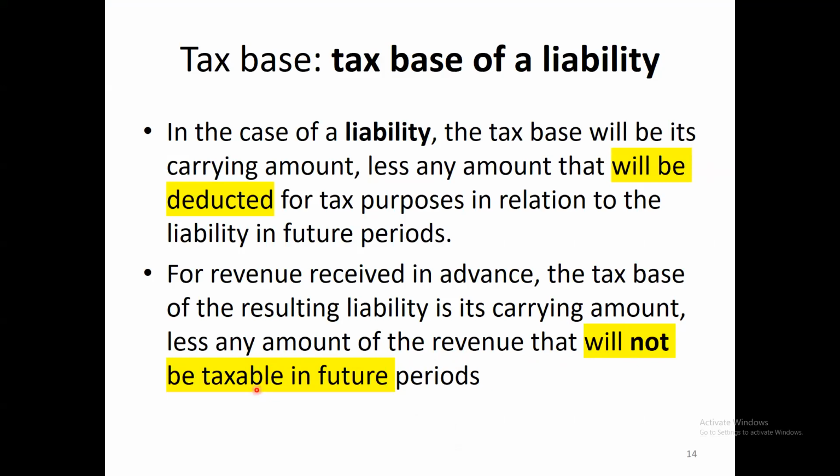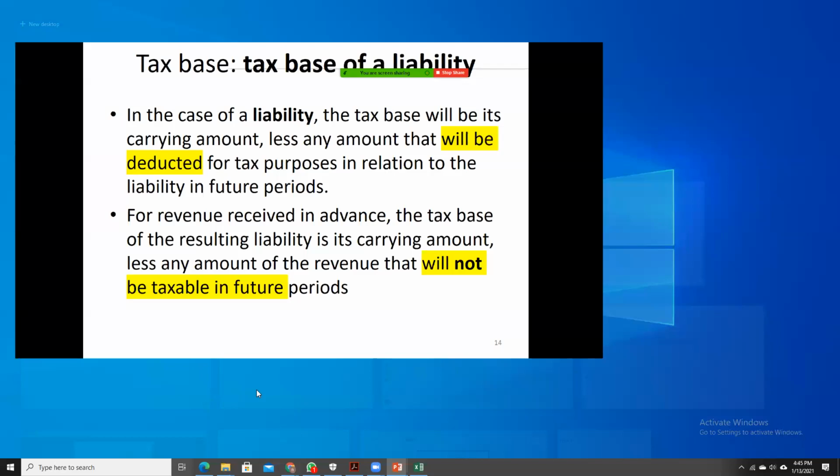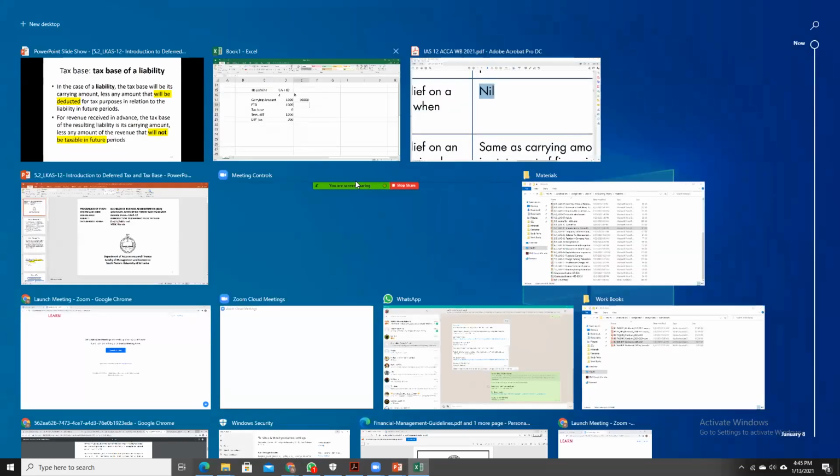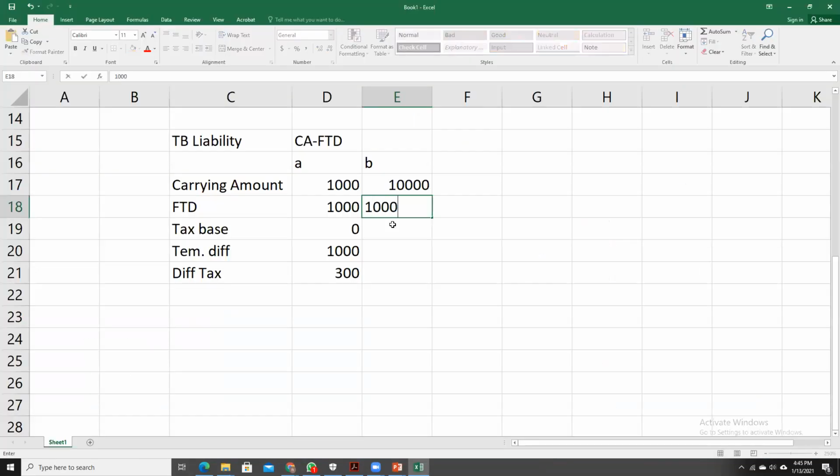So for how much are they not going to tax in the future? 10,000. For this 10,000 already taxed, they don't want to tax again. Then how much is the tax base? 0.